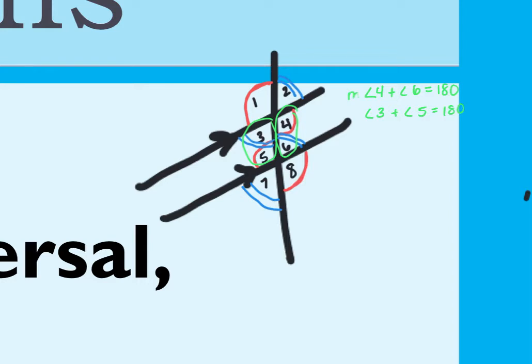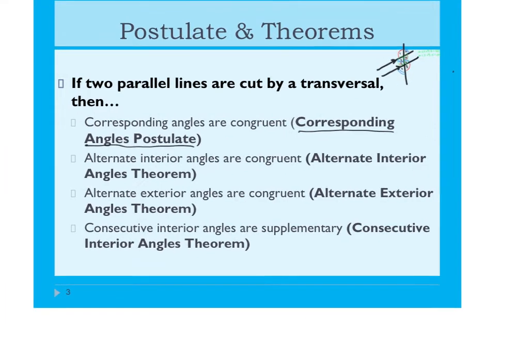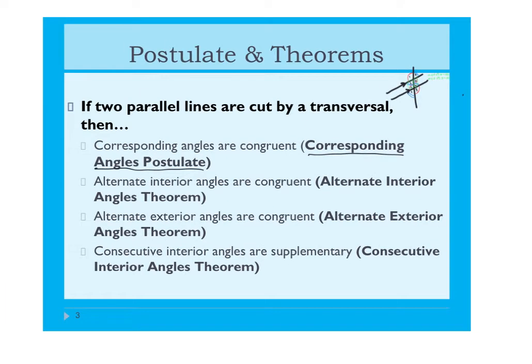And this should be measure. The measure of all those angles with their pair equals 180. Okay, all right. Now we're going to go ahead and apply these theorems in our next slide.